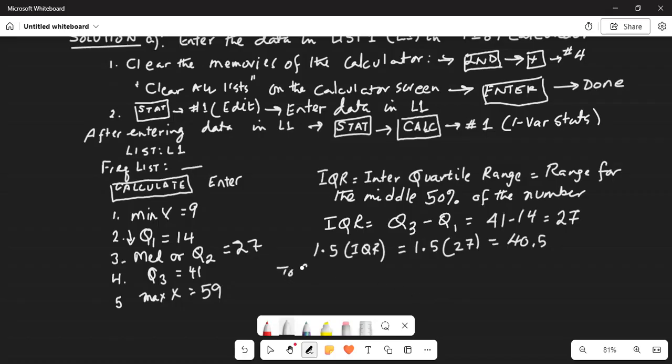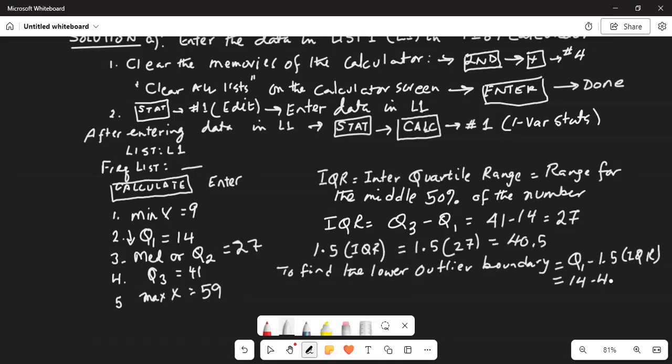Now to find the lower outlier boundary, from Q1 we subtract 1.5 times IQR. Now what is our Q1? Our Q1 is 14 minus 40.5, which is minus 26.5.